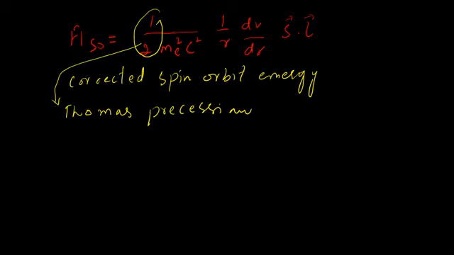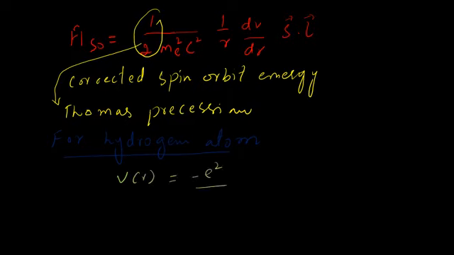For the hydrogen atom, the potential is equal to minus e²/r, and dV/dr is equal to e²/r².